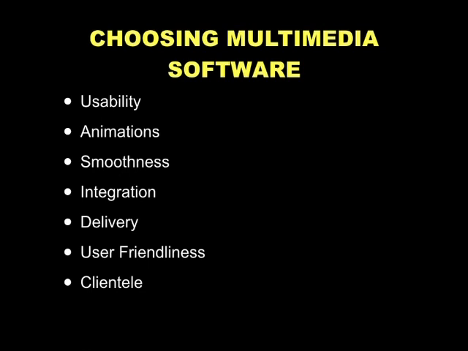Powerful features are continuously being added to the software that allows developers to work more smoothly and conveniently between applications. Some of these powerful features include: 1. Usability. Should have a capability to deal with a variety of text, images, video and sound formats with precision and ease. Animations.